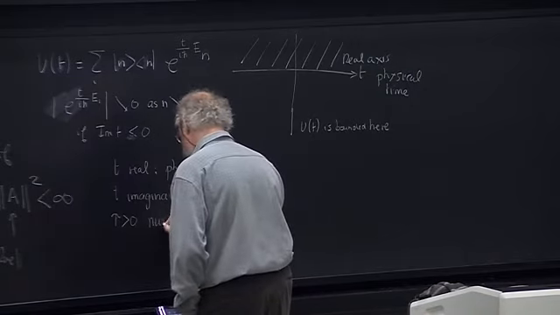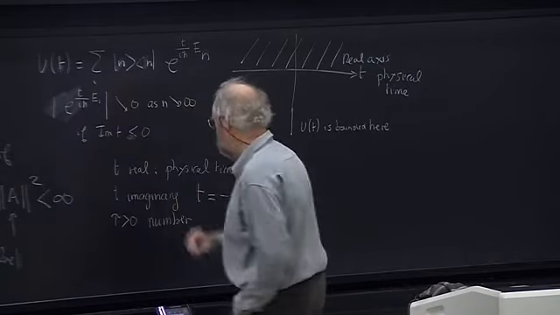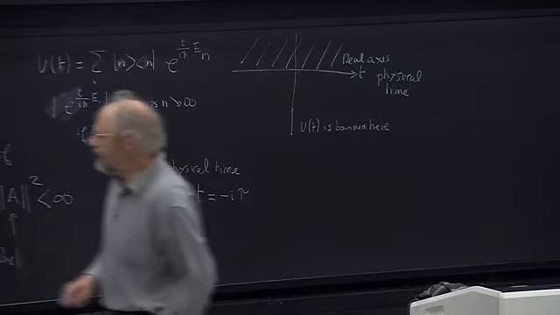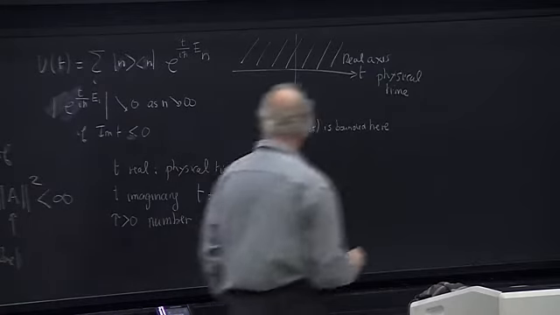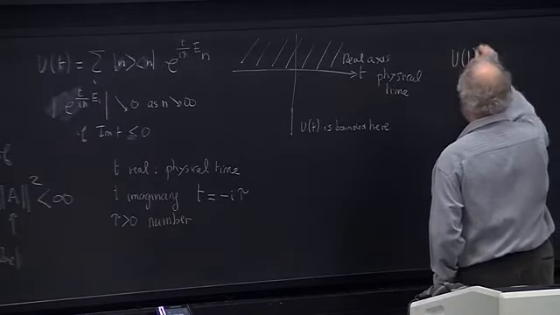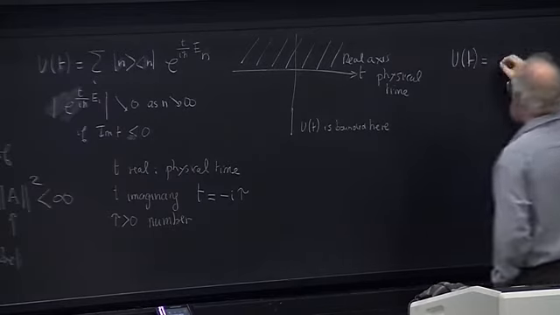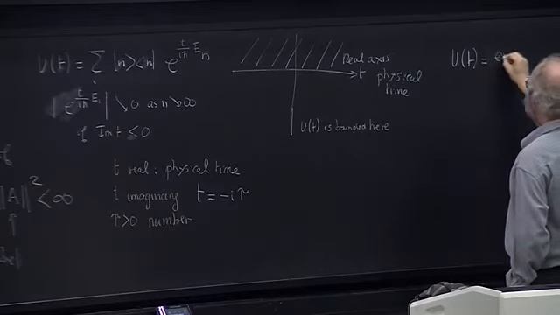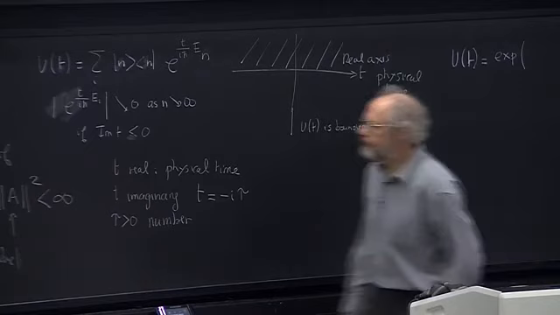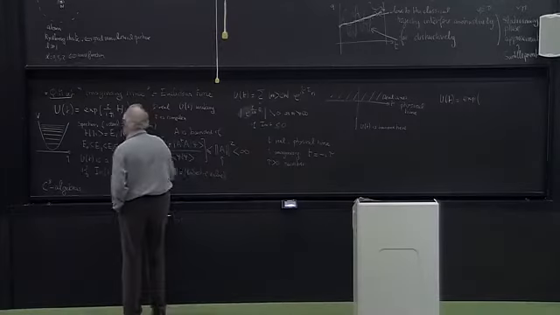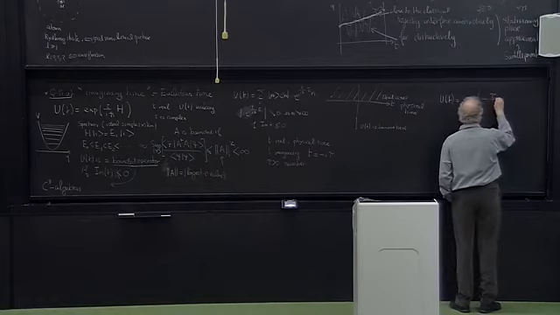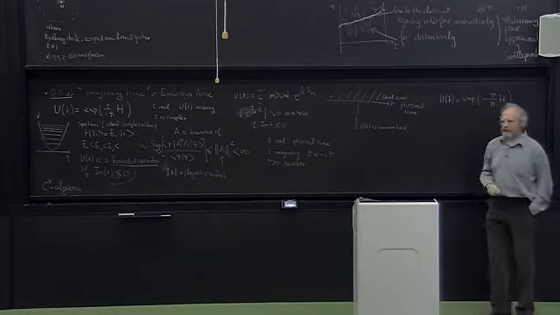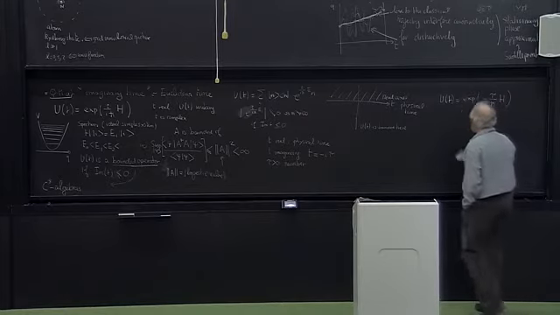And then what does U of t become in this case? It's just the exponential of minus i tau divided by i h bar, so minus tau divided by h bar times H. So it's a self-adjoint operator.